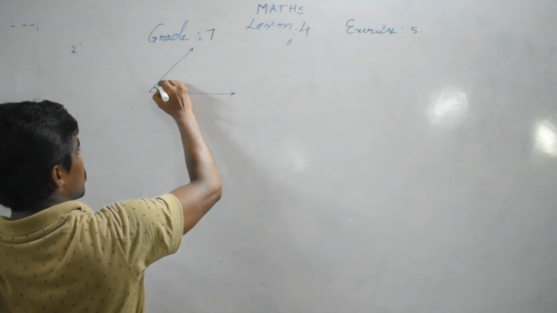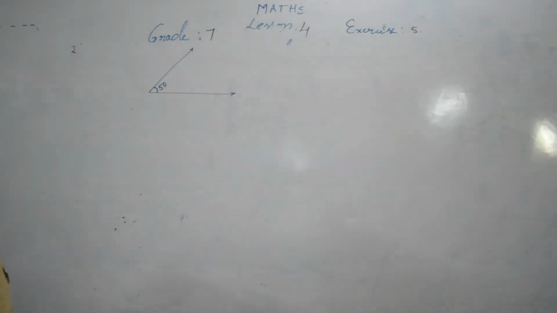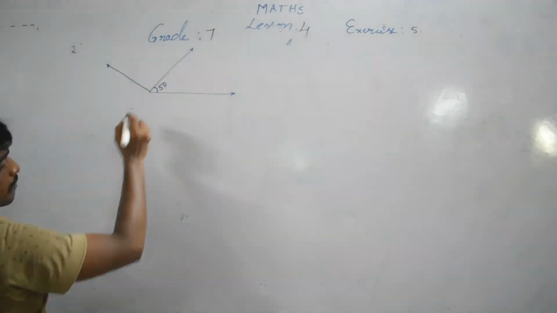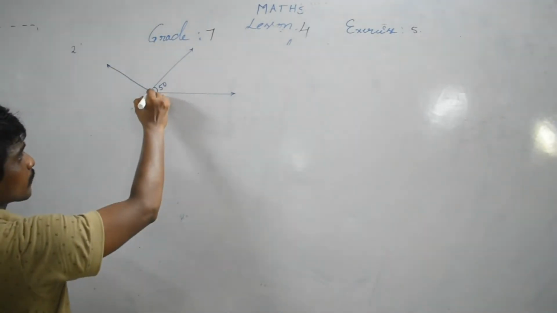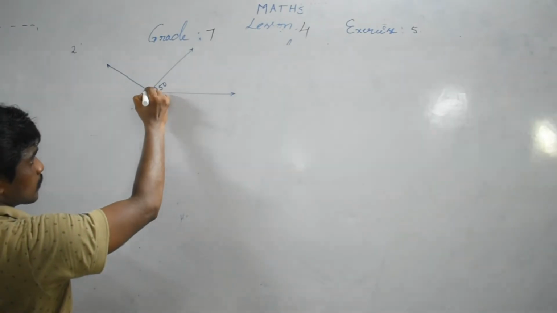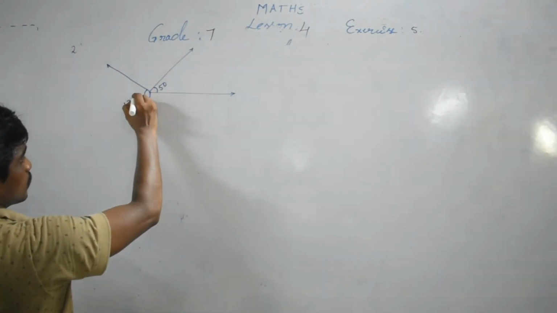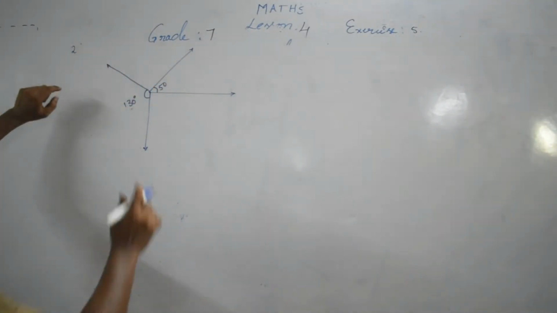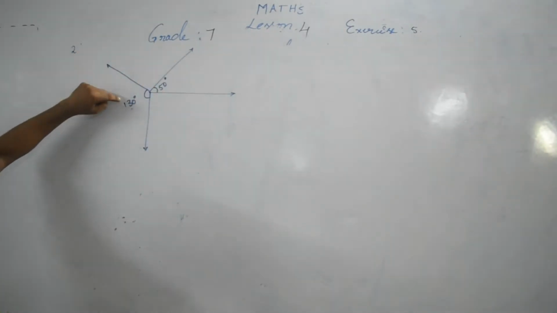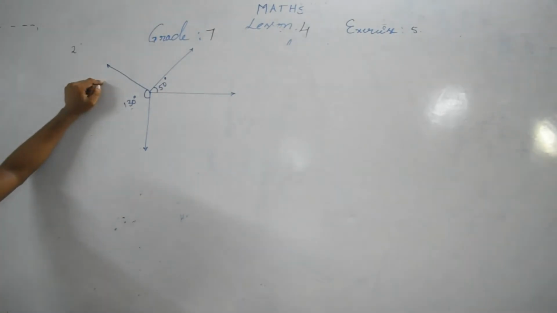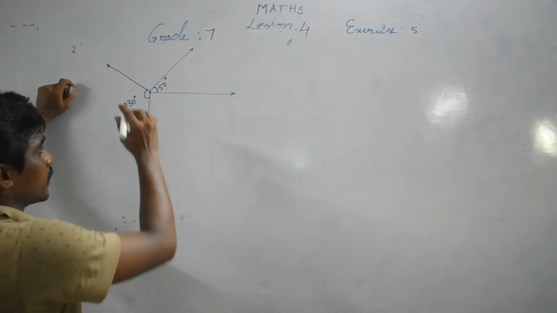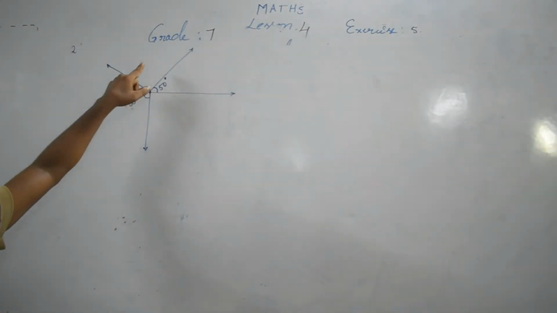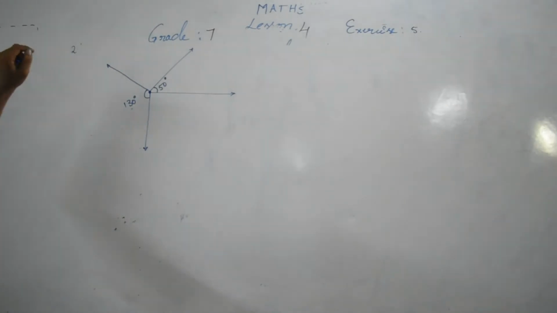One angle is 50. This angle is 130. Here see, 130 plus 50, these both are 180. But here, where is the common vertex? Where is the common ray? There is no common ray.